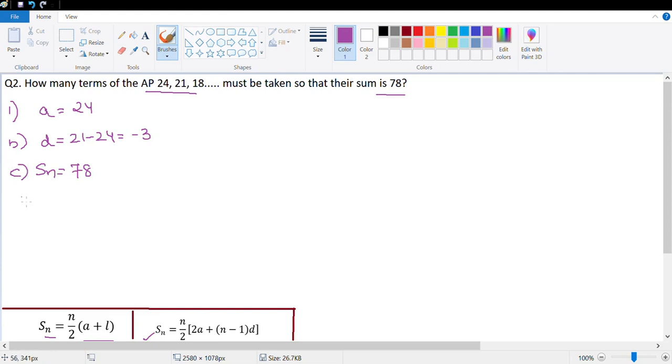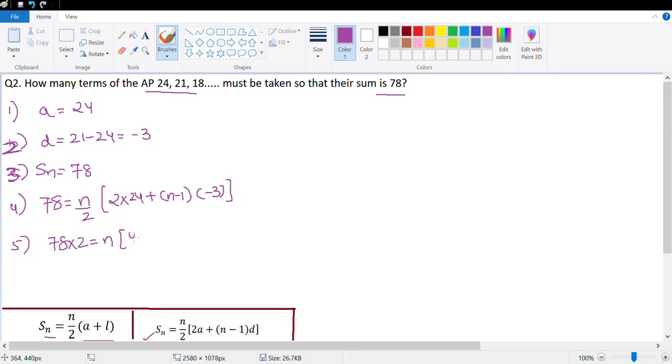Let's substitute values in the formula and see what we get. Oh, I've written ABC. This is step number 3. Sorry. Next, step number 4. 78 is equal to n by 2 times 2a, which is 2 times 24, plus n minus 1 times d, in this case negative 3. Which means 78 into 2 is equal to n times 48 minus 3n plus 3.